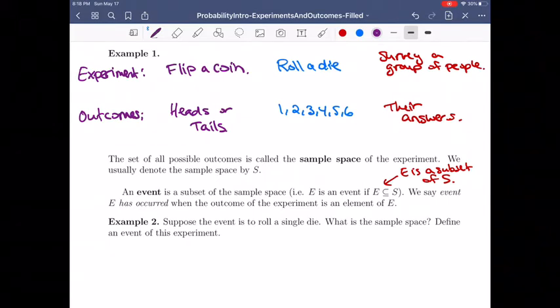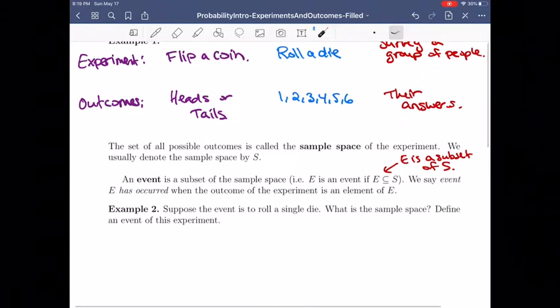So E contains things that could happen when you perform the experiment. Then we say that event E has occurred when we perform the experiment, if the resulting outcome is actually something from E.